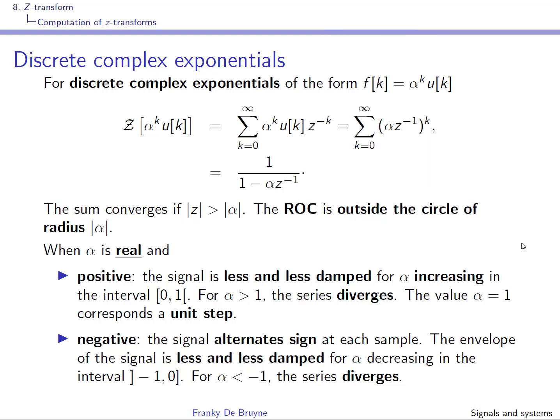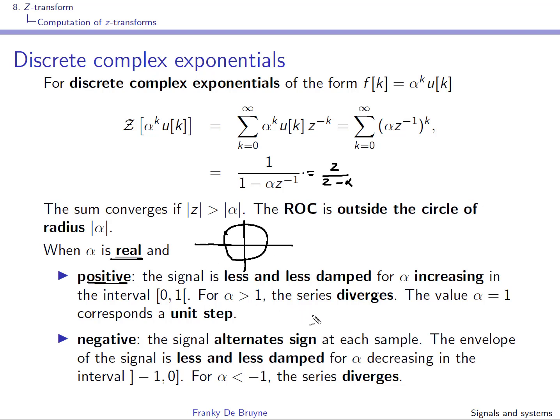So let us look at this a bit closer when alpha is real. Remember that we had here z over z minus alpha. This is another way to write the z transform, and let us have a look at what happens first when the pole is real but positive.